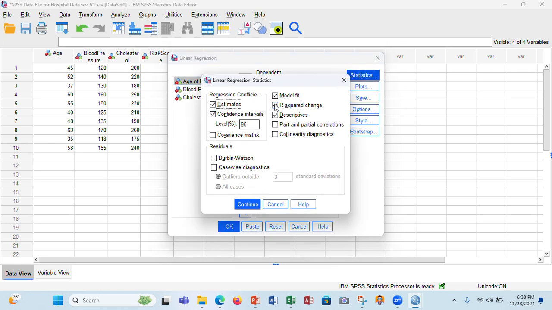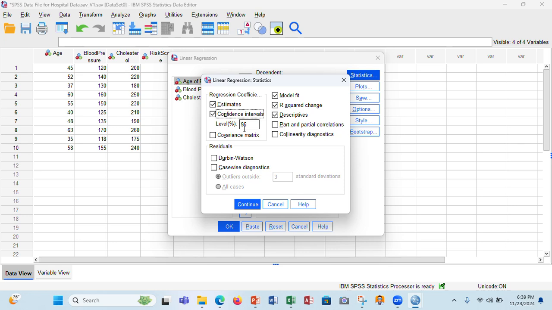In these statistics, we want to make sure that these are checked. Whatever you want to be displayed in your output report, you have to check it. I'm checking R-squared change and descriptives. I'm also checking the confidence level. We are setting our confidence level at 95%, so we expect 5% error.